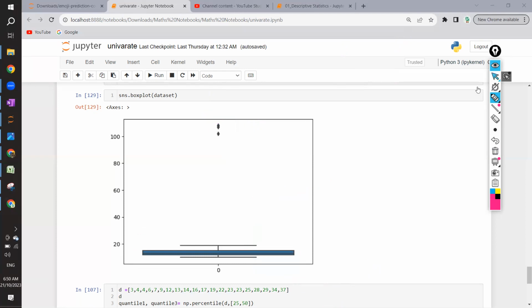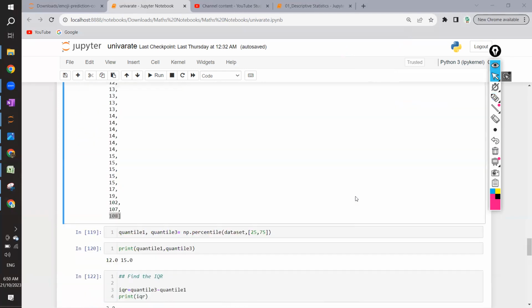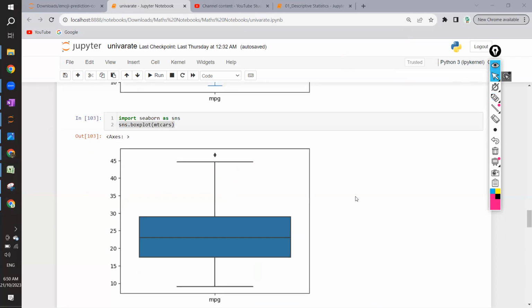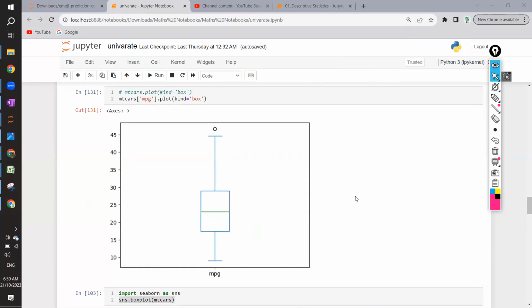Now if I come back over here and look at this, I can understand that there is some minimum value. This is Q1, this is Q2, this is Q3, this is Q4.